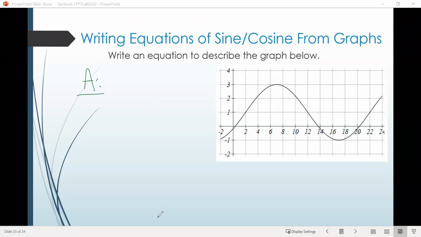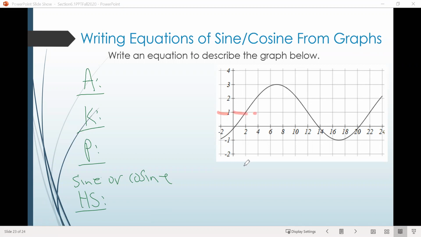So we'll identify the amplitude. We'll identify where the midline is, the period, whether it's sine or cosine. And then we'll also want to identify any horizontal shift, which I'll write as HS. Okay, as before, again, identifying the midline will probably be the easiest place to start.